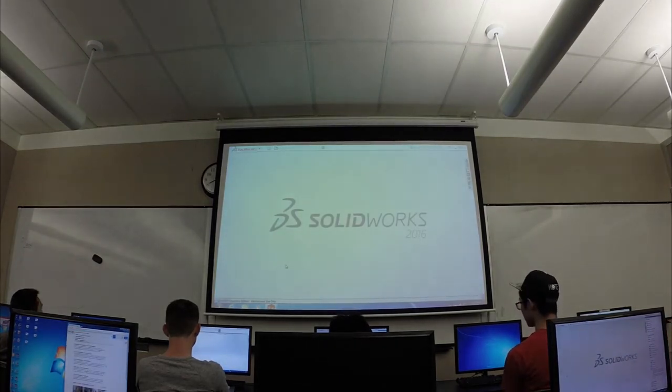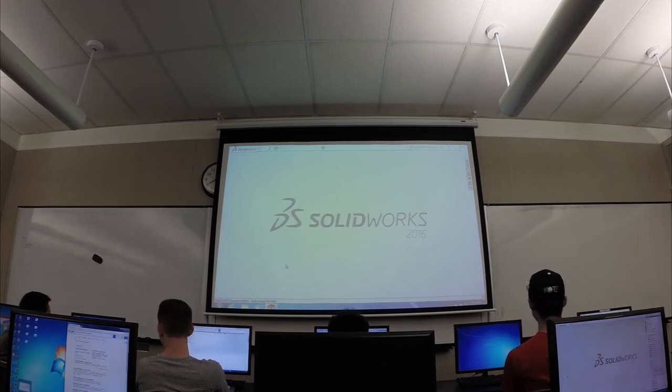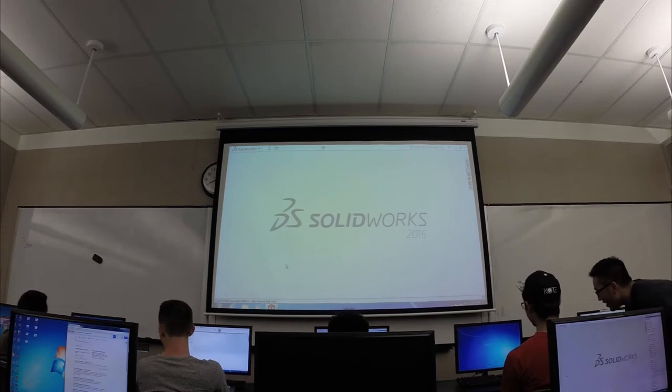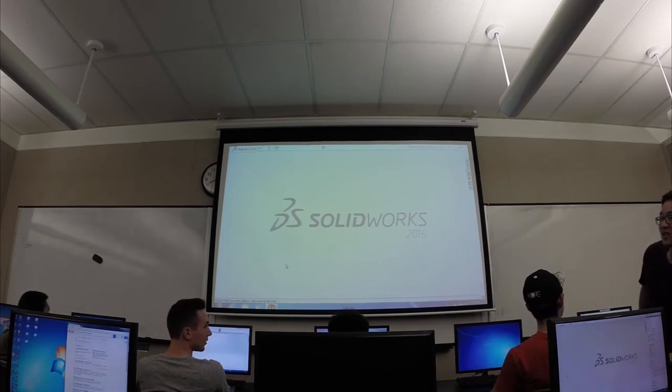Once you open it, let me know. Who hasn't opened SolidWorks yet? Everyone says open? Oh, there are computers loading. It's just kind of hard to see over there, so for the time being, try following along, okay?